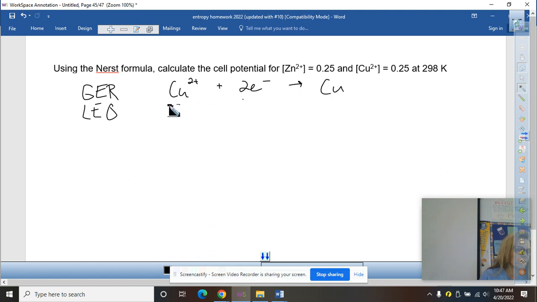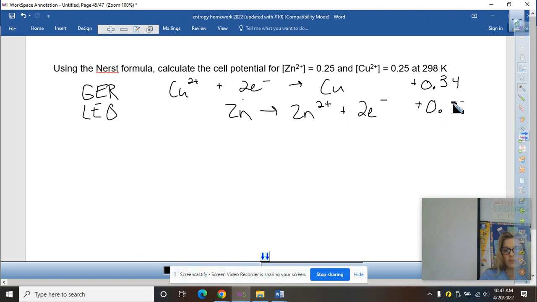Okay, so we had zinc forming Zn2+ plus 2 electrons, and that gave us these values right here. And because this one was flipped, that made both of these positive, which, if it's a galvanic cell or a battery, they do have to add up to be a positive value.